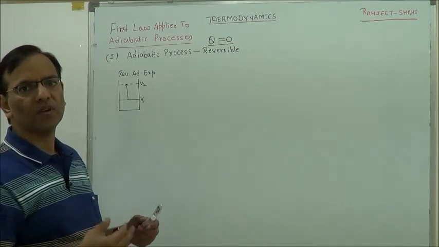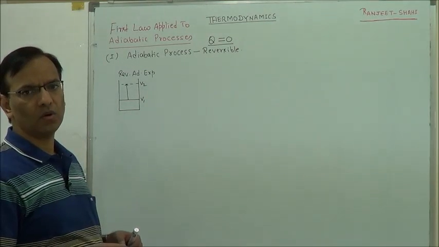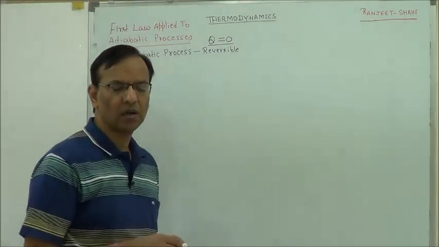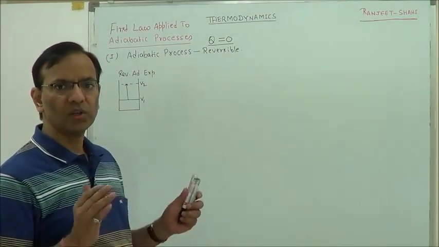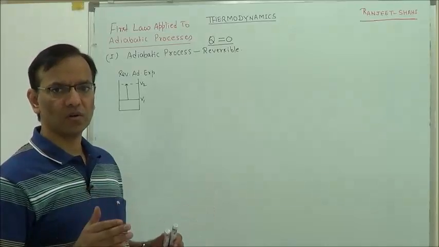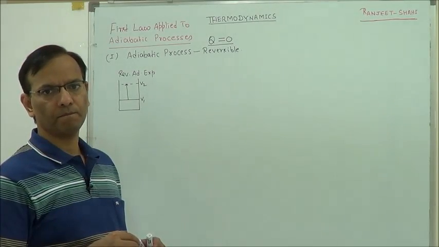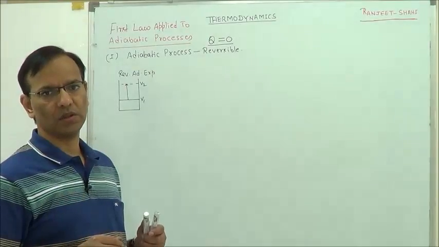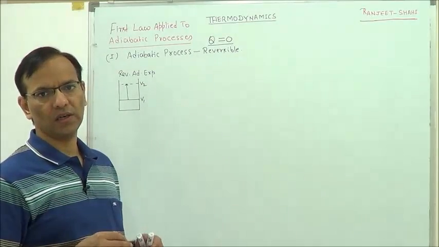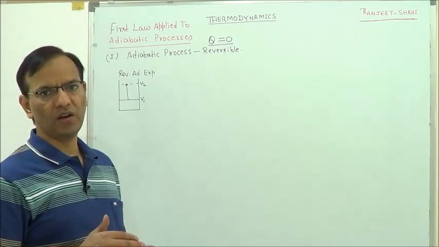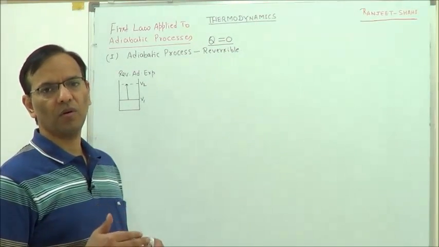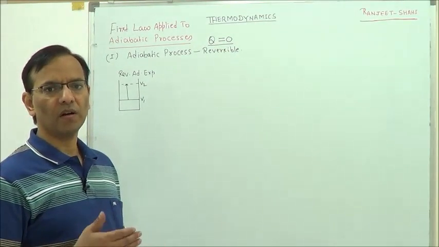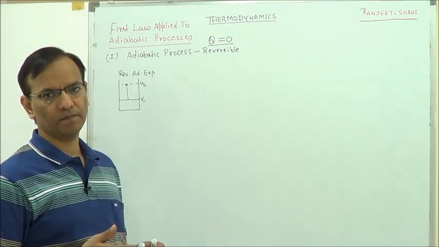If we apply the first law to this reversible process, we must be very careful when writing the first law, because it is a reversible process in which the final state is reached through an infinite number of intermediate equilibria.